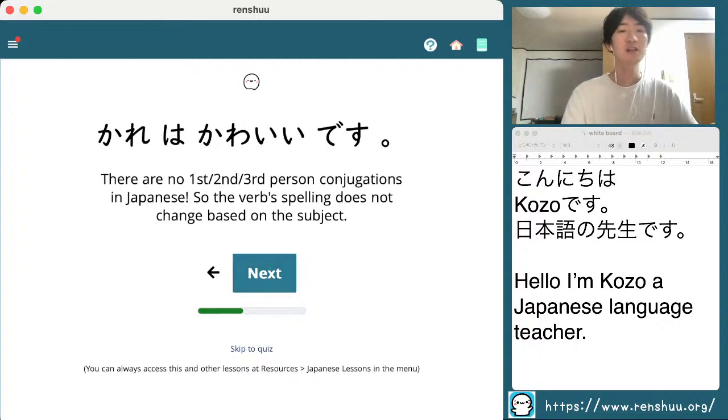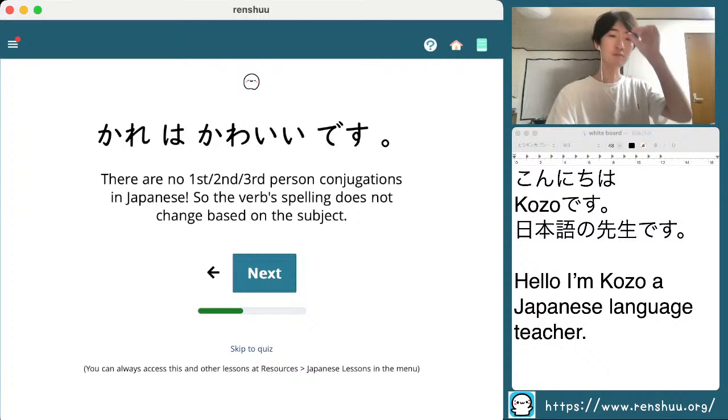There are no first, second, third person conjugations in Japanese, so the verb spelling doesn't change based on the subject. In English, the subject sometimes changes: I, my, me, he, his, him. But Japanese doesn't conjugate.